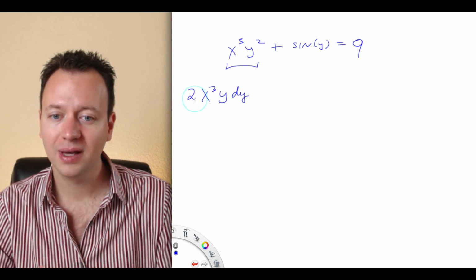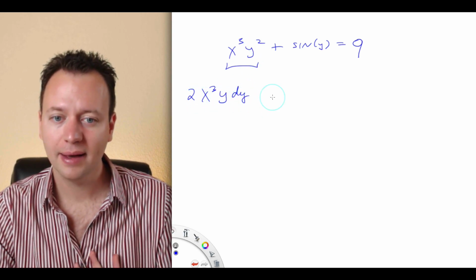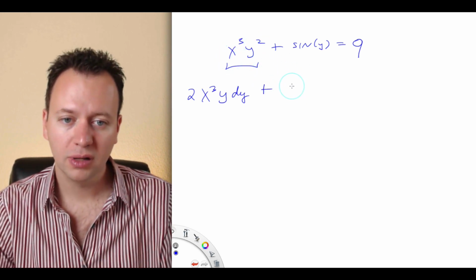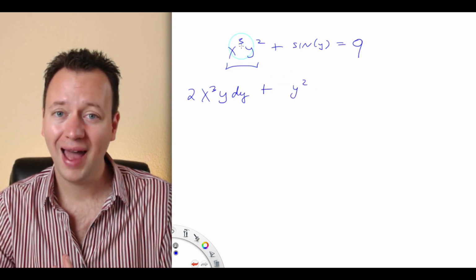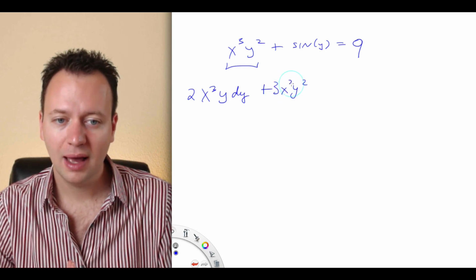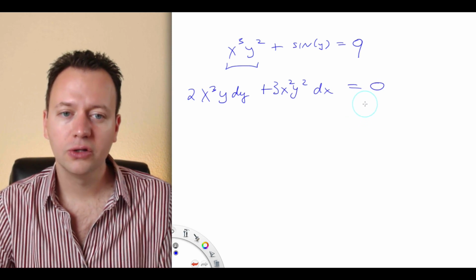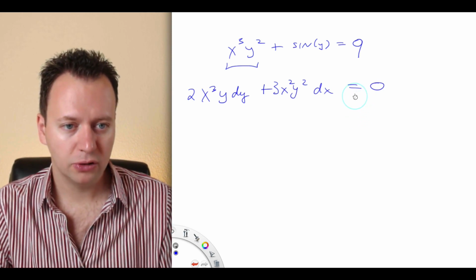So y squared becomes 2y times dy, and then plus the second times the differential of the first. So plus the y squared, the differential of x cubed is 3x squared times dx, and then the whole thing's equal to 0.